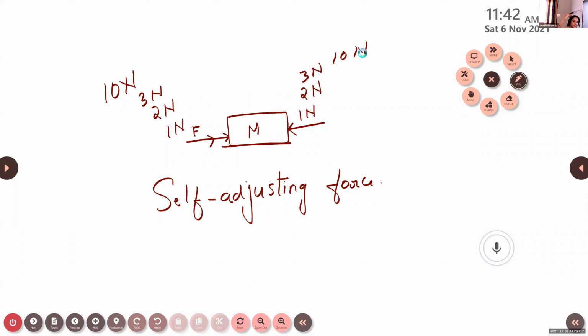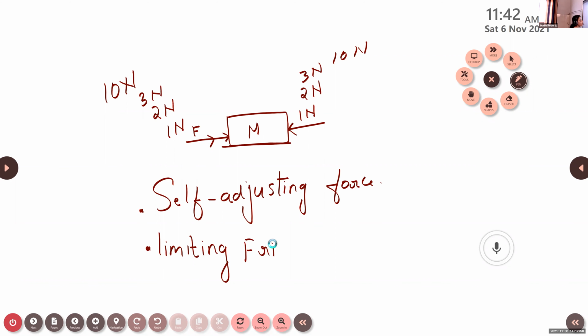A region is reached at which we are applying a force of 10 Newton. The static friction also tries to exert the same force from the opposite direction. But after this limit of the self-adjusting force, the object shows a tendency to move from the state of rest. This position or limit is known as limiting friction.